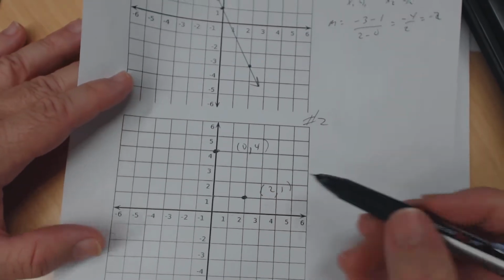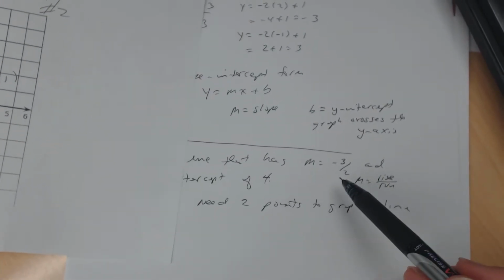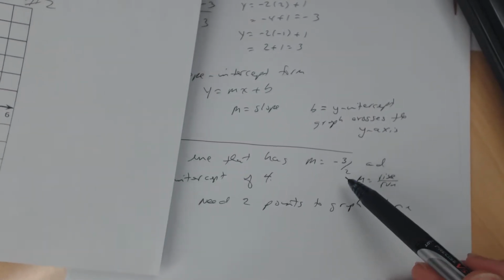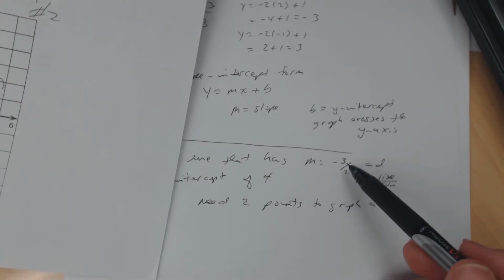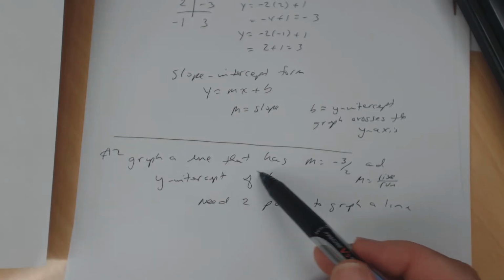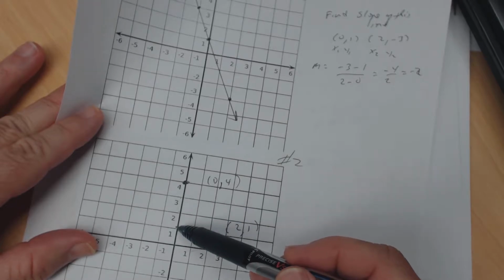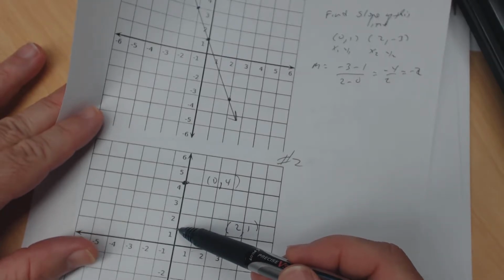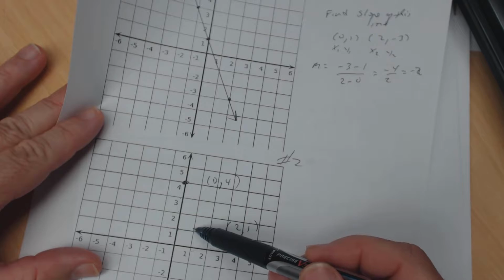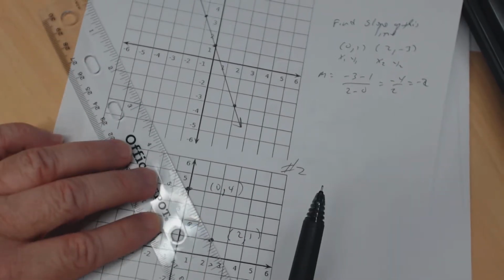All right, so let's talk about this again. This can be important in a little while. The slope is negative, so that's your rise, and your rise is negative 3, and your run's positive 2. So from the point that you know of, your y-intercept 4, you go down 3, 1, 2, 3, because your rise is negative, and since my run is positive, I go to the right 2, 1, 2, label your point, and then you draw your line.